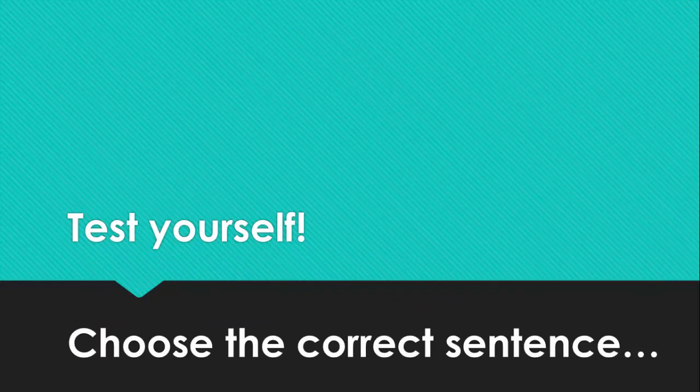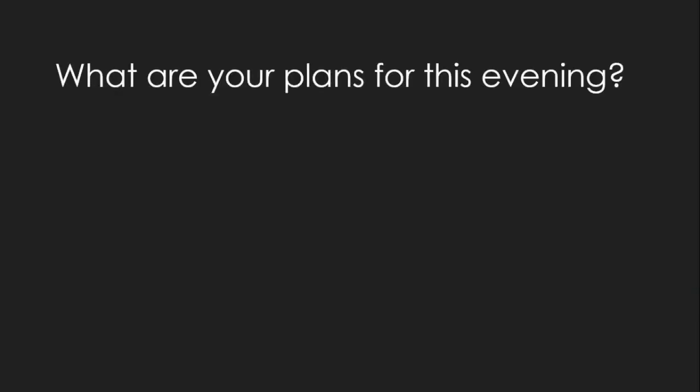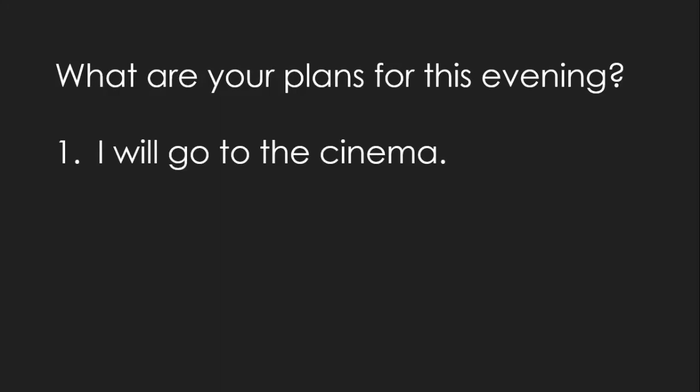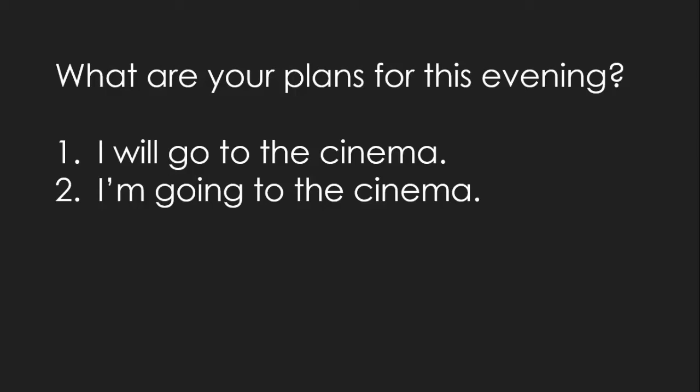So let's have some practice. You're going to test yourself now. All I want you to do is choose the correct sentence out of 3. So, in answer to the question, what are your plans for this evening? I will go to the cinema. I'm going to the cinema.